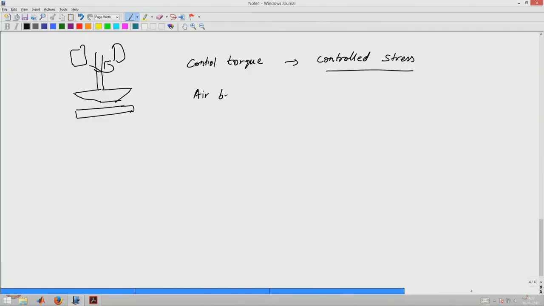So, in that case generally what is done is air bearings are used, which means air is used as a fluid for lubrication instead of ball bearings or other such bearings. And so, pressurized air is a must for many of the rheometer operations.